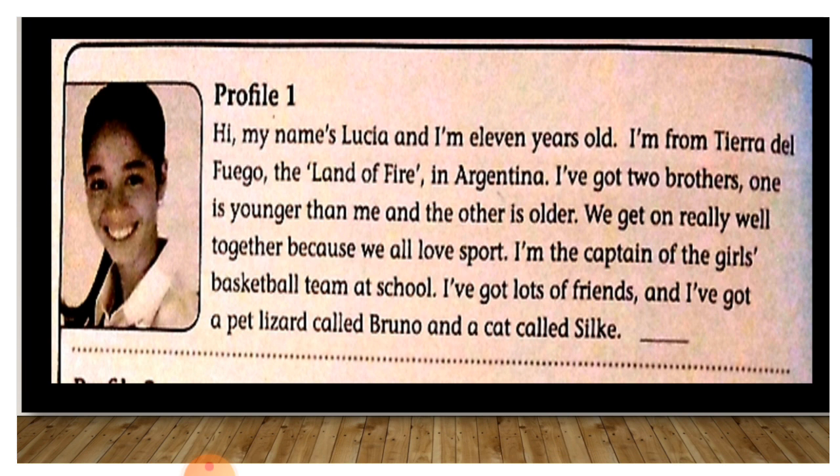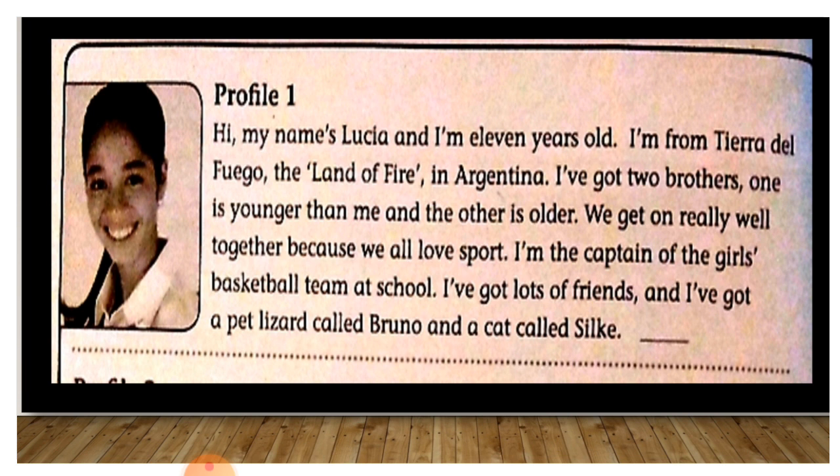So this girl is telling about her name, the place where she is living, and then she is telling about her siblings, and then she is talking about the healthy relationship she is having with other siblings. And then she's telling that she's a captain of the girls basketball team, that she is telling about her capabilities.